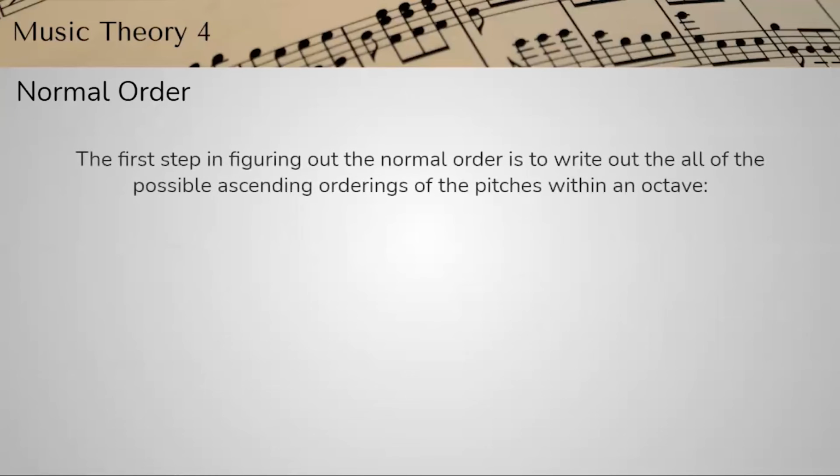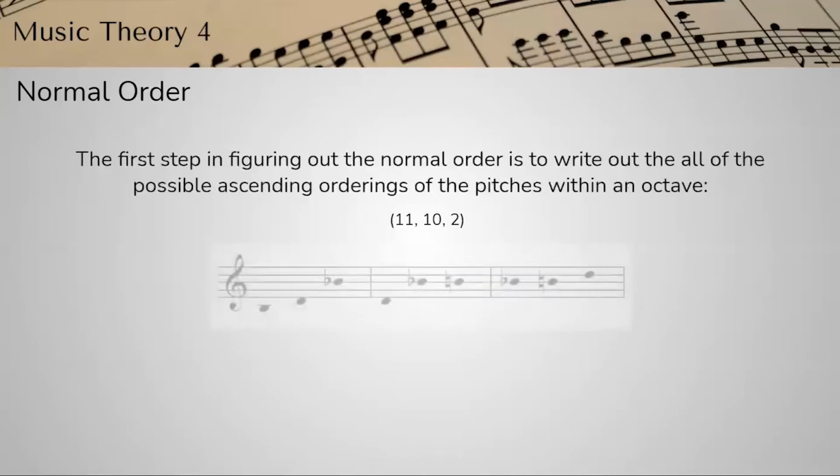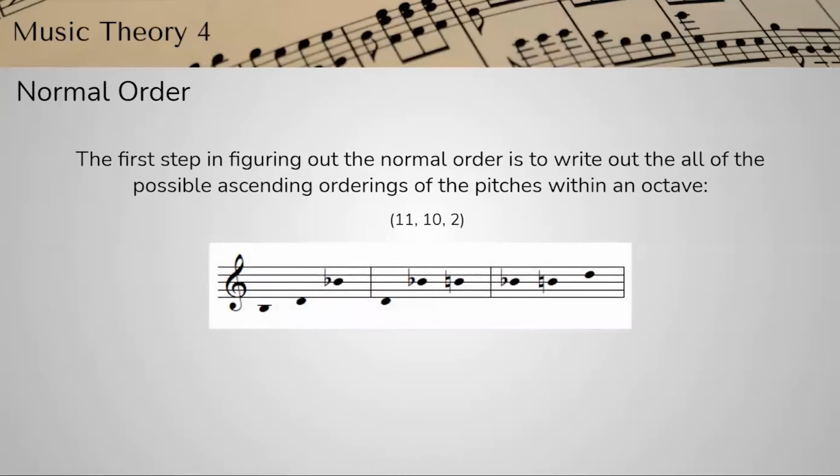Okay, so the first step in figuring out the normal order is to write all of the possible ascending orderings of the pitches in your set within an octave. So here's our set again, 11, 10, 2, which as a reminder was just B, B flat, D. And I'm going to reduce all of these to an octave, and there's only ever going to be a number of possibilities equal to the number of pitches in your pitch class set, right?